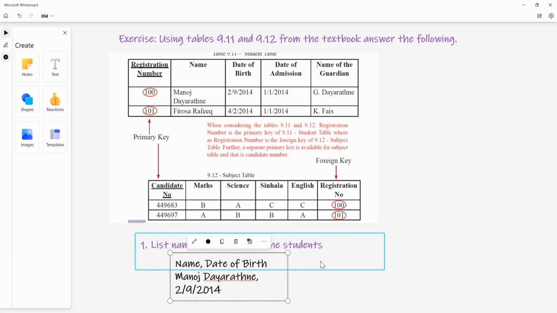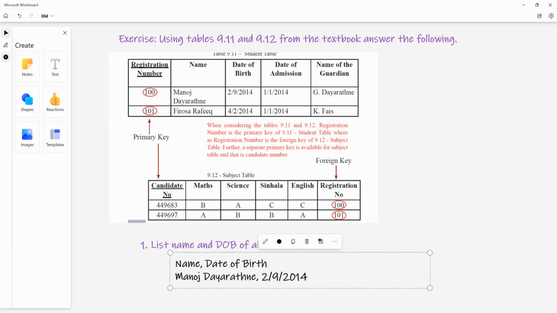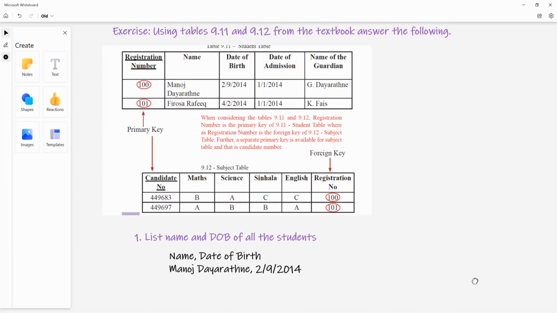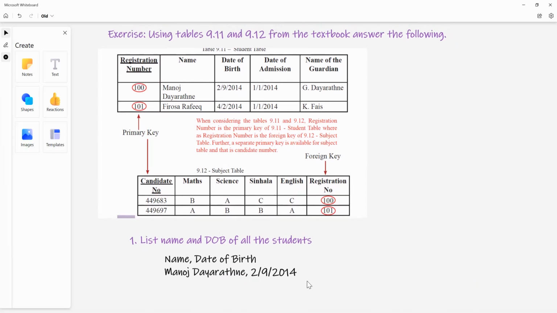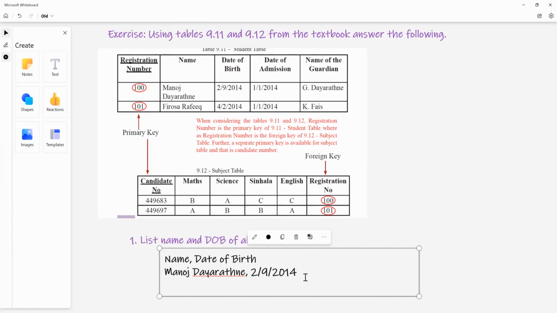So this is the answer for the first one. And the second one, and then we have 4 to 2014. So that's the answer.